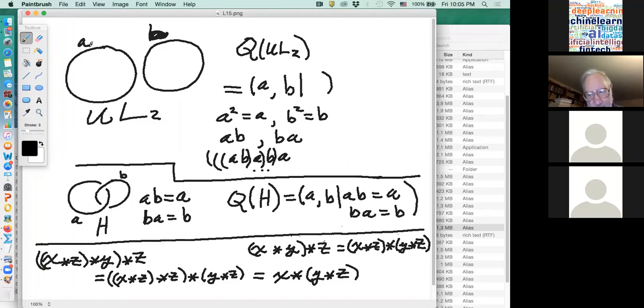We were saying that if we wanted to write down the quandle associated to a given link, like the Hopf link here, then we write down one relation for each crossing. In the Hopf link, that's quite simple. We have A bumping into B, so A times B is A, and B times A is B. So the quandle is given by A and B, such that AB equals A, and BA equals B.